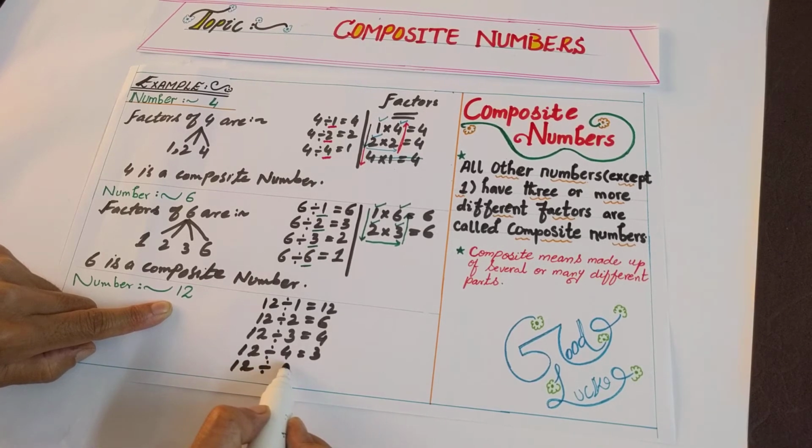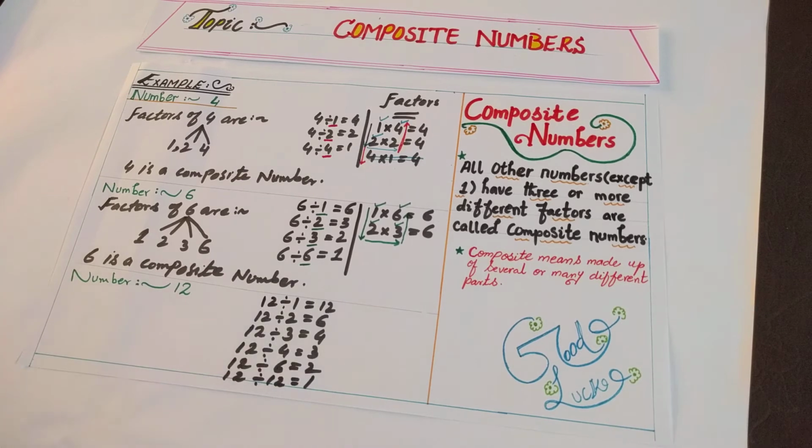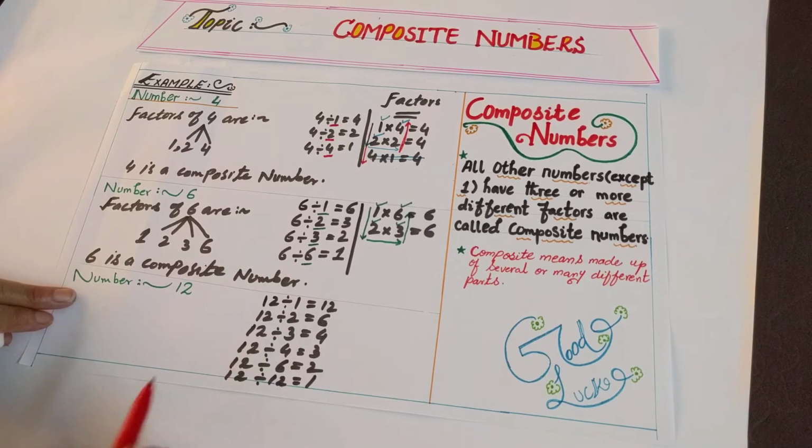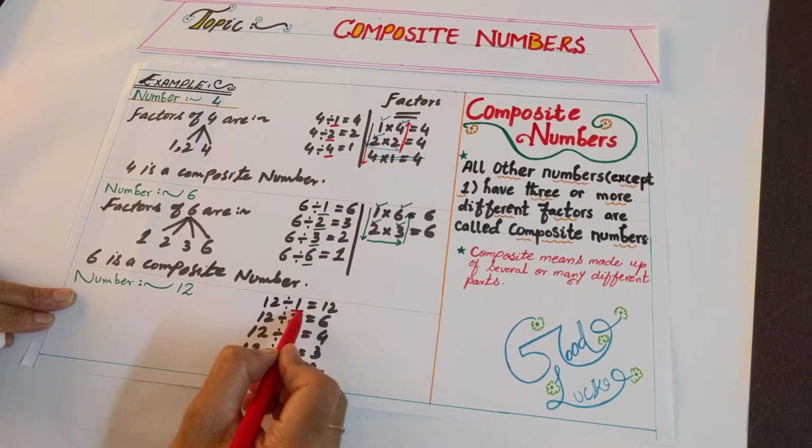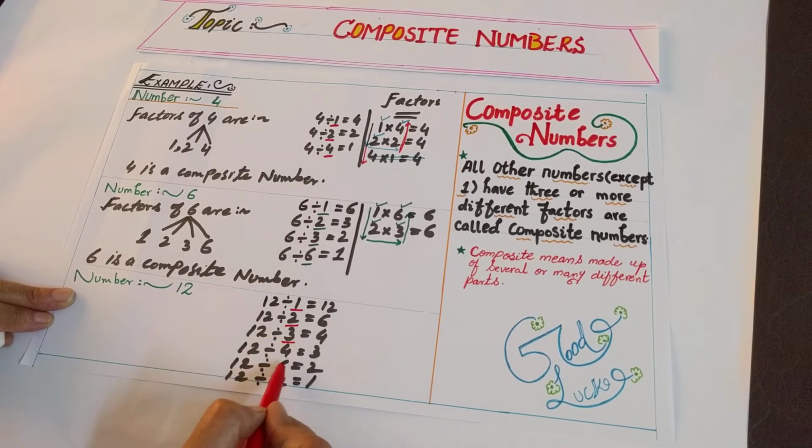12 divided by 6. 6 2s are 12. And 12 divided by 12. 12 1s are 12. Now these all are the factors. How? This 1 is completely dividing 12. 2 is completely dividing 12, and so are 3, 4, 6 and 12.